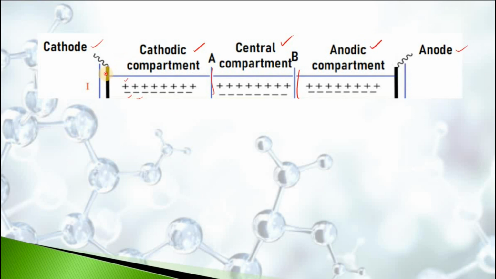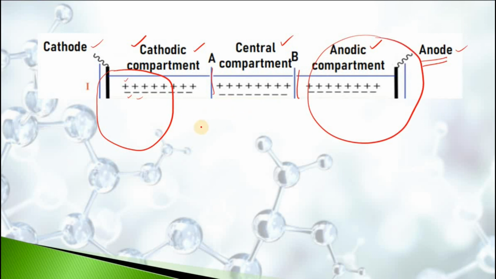The solution present in and around the cathode is called the cathodic compartment. Similarly, the solution present in the vicinity of the anode is called the anodic compartment, and the solution present between these two compartments is known as the central compartment. We have to keep in mind that these are just imaginary compartments which help us to understand an important concept of electrolysis.